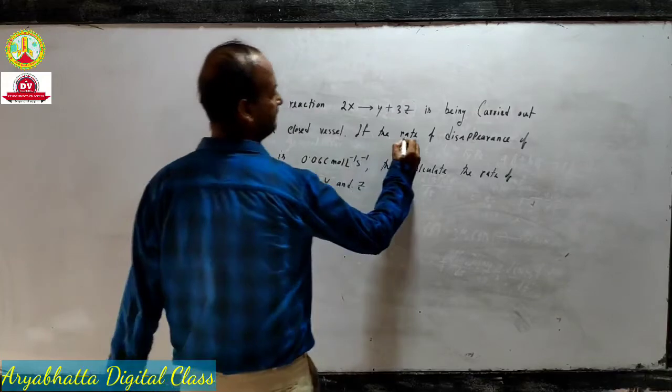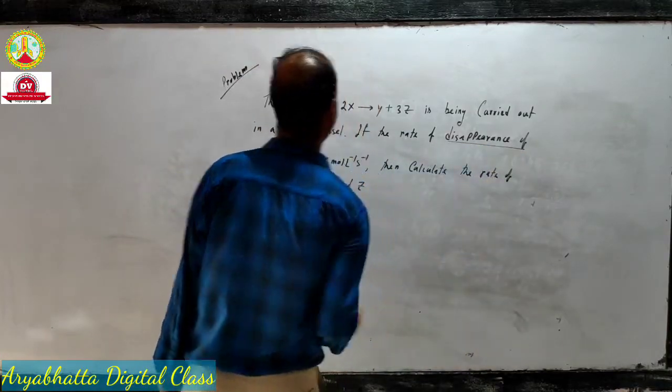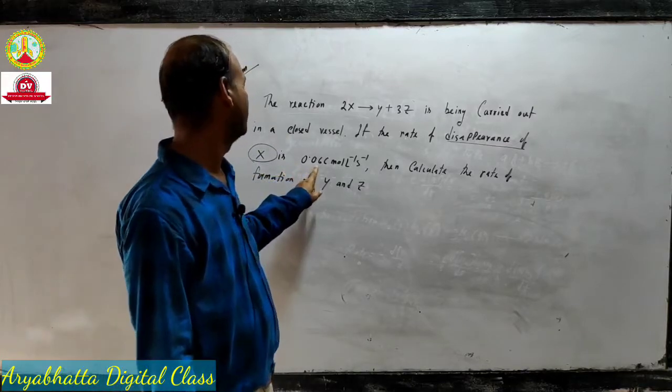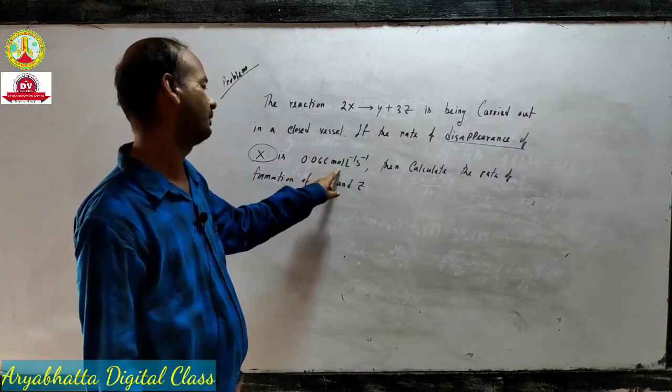Now, if the rate of disappearance of X, इसका वैल्यू कितना है? इसका वैल्यू 0.066 mole per liter per second.